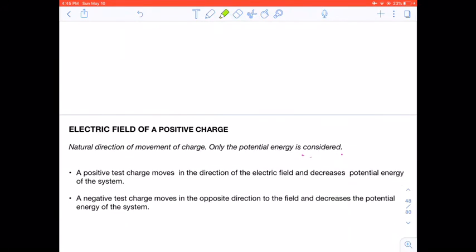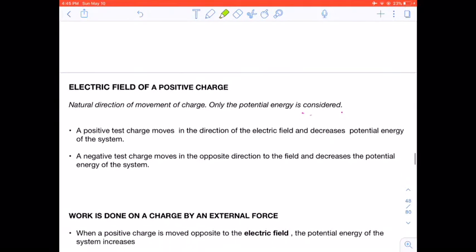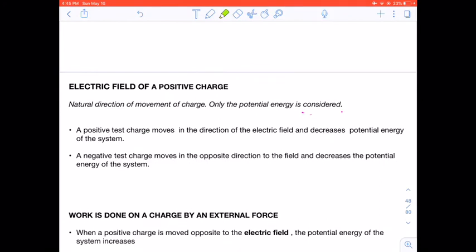Right, now let's look at electric fields. The reason we're looking at it is so that concepts related to it make more sense. And when we talk of potential difference or electric potential, then at least we can relate it to some sort of mental model that we have.